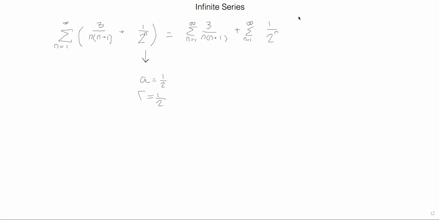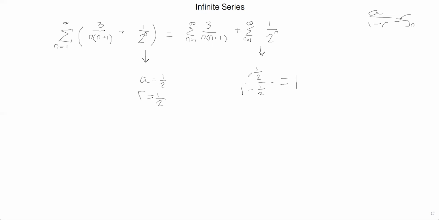We have 1 divided by 2 to the nth power. We have an A value and an R value, which means we can use our definition from earlier to determine the sum of this part of our infinite series. Remember, it's just going to be A over 1 minus R. Here A is 1 half, and R is also 1 half, so this is 1 over 1 minus 1 half. So this equals 1. This entire infinite series just equals 1.